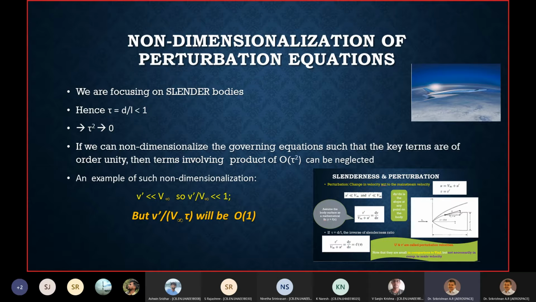So when tau is less than 1, tau squared is much less than 1, which means that if there is a way by which the equations can be rewritten in terms of parameters which are of order of magnitude 1 and order of magnitude tau squared, then the terms that are of order of magnitude tau squared can be neglected because tau squared is much less than 1.